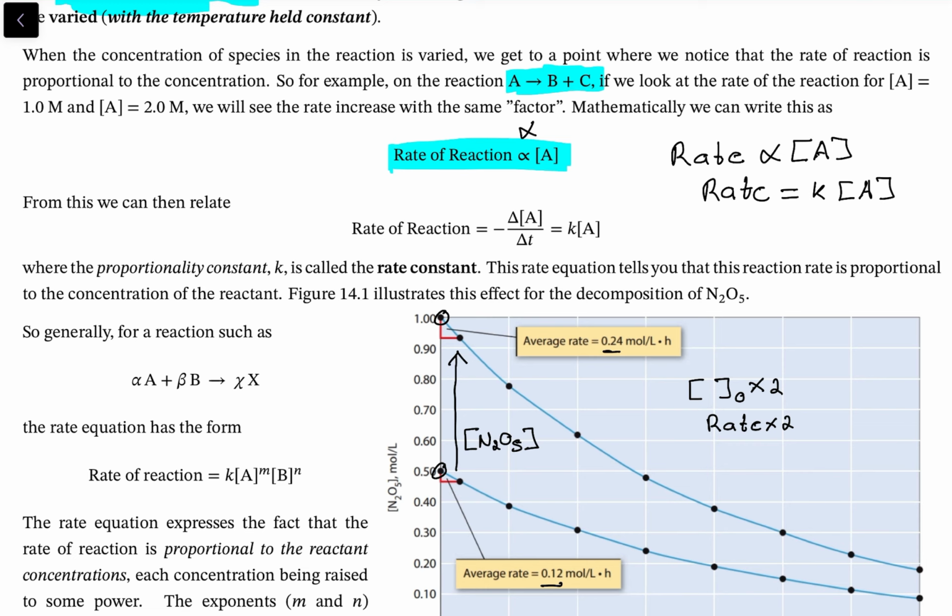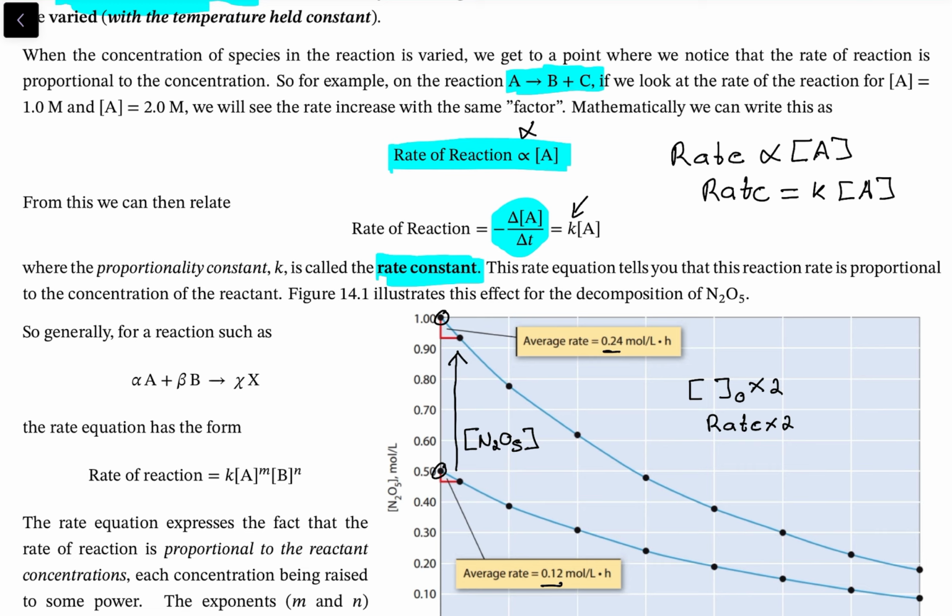And the constant that we are going to introduce, the proportionality constant, we then call the rate constant. All right. You can further remember that the rate of a reaction is always equal to minus the change in the concentration divided by the change in time.